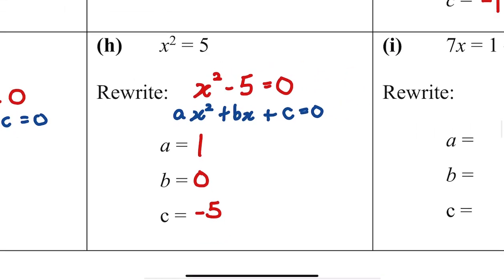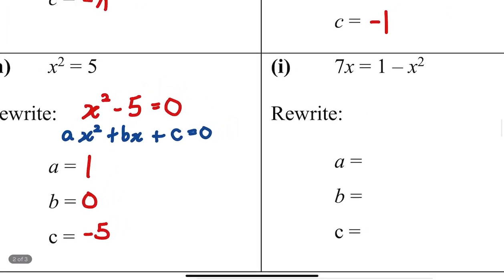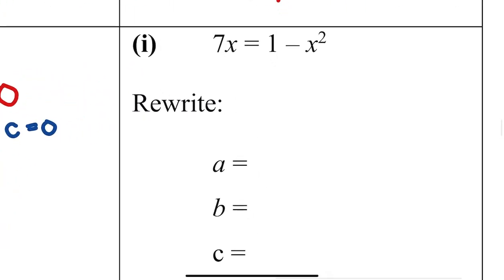Now let's look at the last part, part I. Let's look at this equation here. I have this 1 minus x squared on the right side. Remember, you have to make sure your right side is equal to 0 first. So I have to get rid of 1 minus x squared by subtracting this from both sides, and get it to the left side.